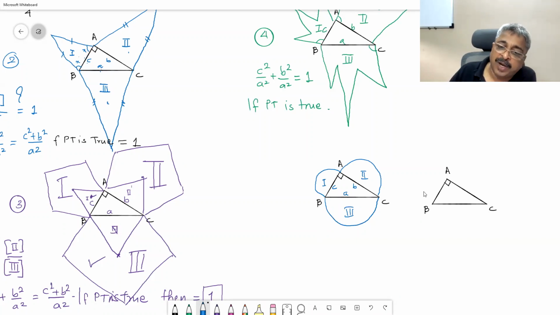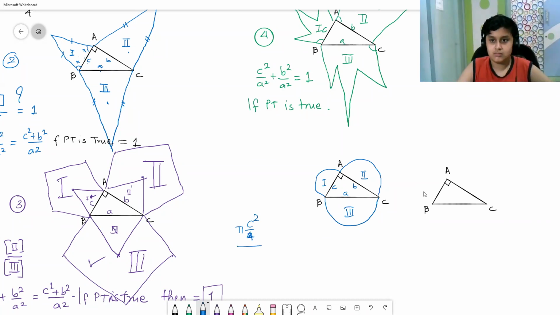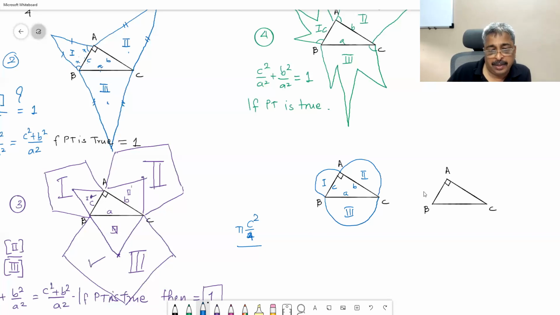Therefore, what will be the area of 1? C by 2 square, that is C square by 4 times pi, that is area 1, divided by area of 3, a square by 4 times pi, plus pi b square by 4 upon pi a square by 4 is equal to c square plus b square upon a square.